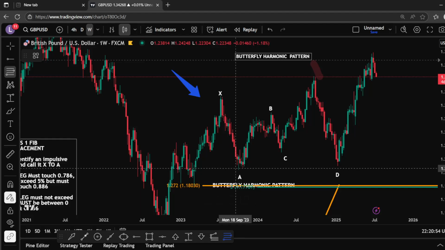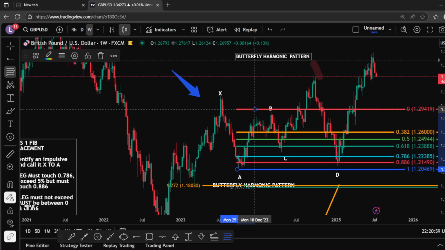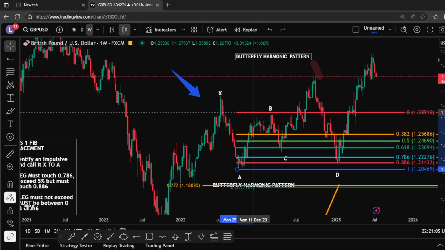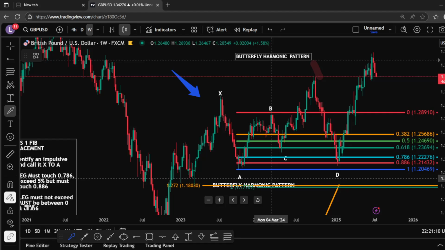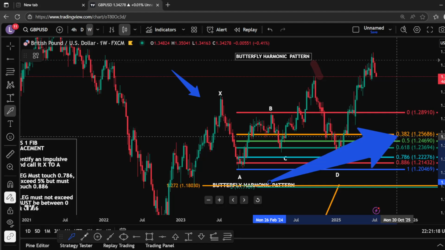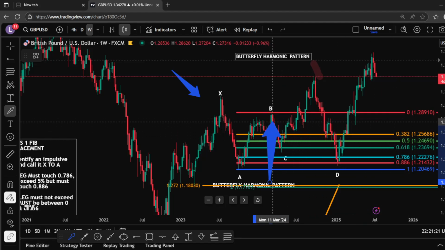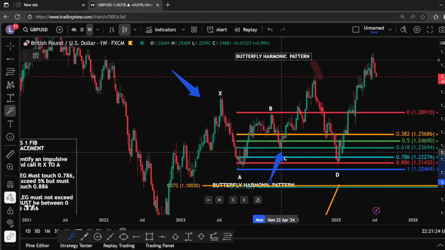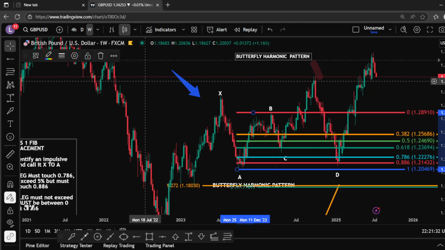You measure from your A to your B, yeah, to your B, and as you can clearly see, this pullback here touched the 382, which is our yellow FIB, the first FIB. So this pullback qualifies, okay, and it did not break below A. So the C is valid, all right? So that's our C.